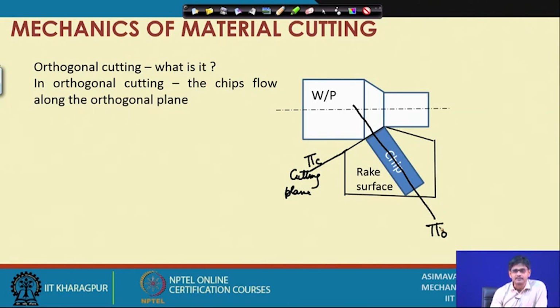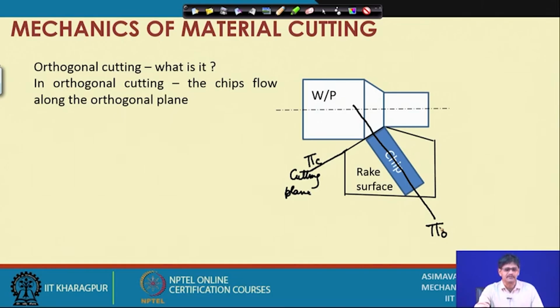Now, you might ask, what is the reason for which we make this assumption? Assumptions should be at least logical. It is logical to make an assumption when we do not have the full picture. So, we now come across a term called orthogonal cutting. What is orthogonal cutting?